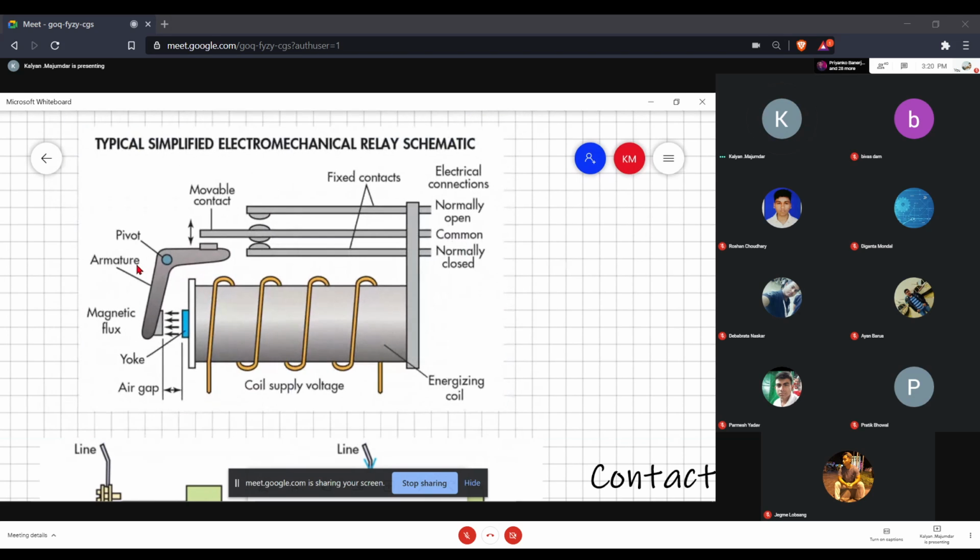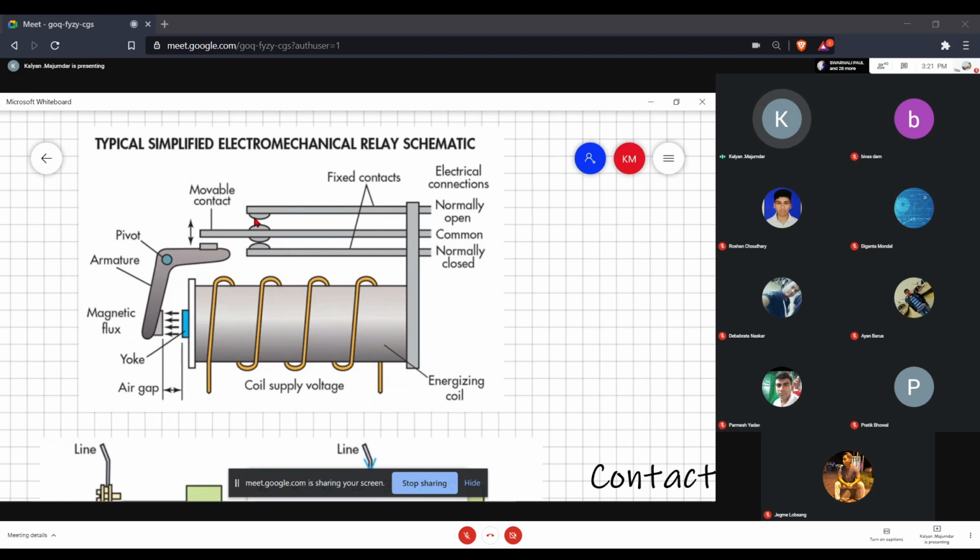So when power is not applied, this circuit is closed. When you apply power, this moves inwards because this is an electromagnet, attracts this particular lever. If this moves inwards, this moves upwards because it's rotating about this particular pivot. So this movable structure is pushed upwards.